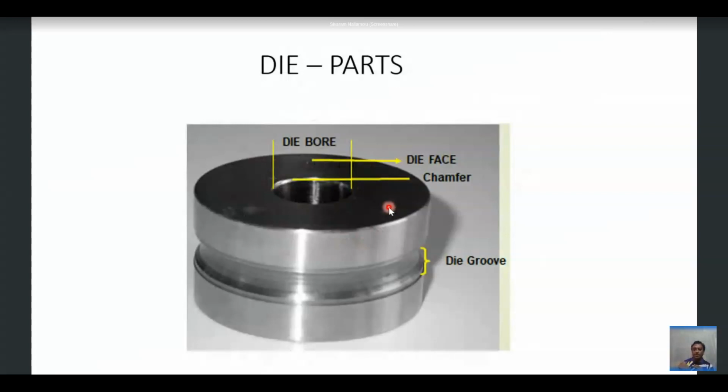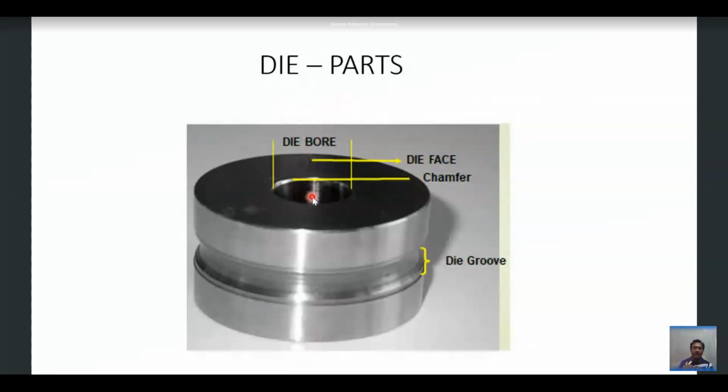So the punch tip will exactly coincide with the die bore and it will align with the lower punches. The tip of the lower punch, the die bore, and the tip of the upper punch, all three will align together in a single line to give the desired shape of the tablet.